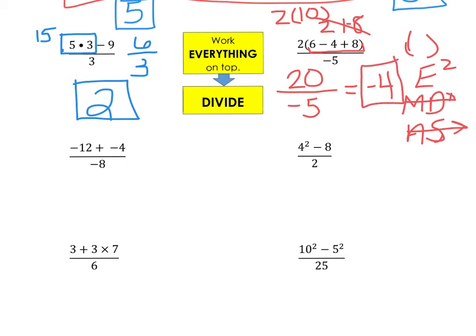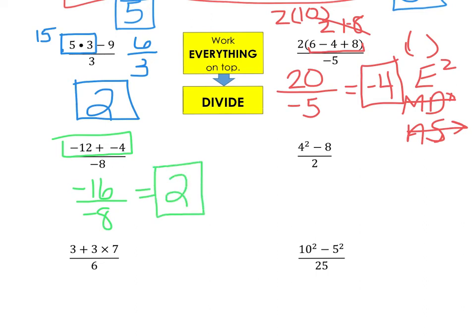All right, let's look at the next one here. We're going to work out the top first. So negative 12 plus negative 4 would be a negative 16. And then negative 16 divided by negative 8 would be a positive 2. All right, let's do this next one here.